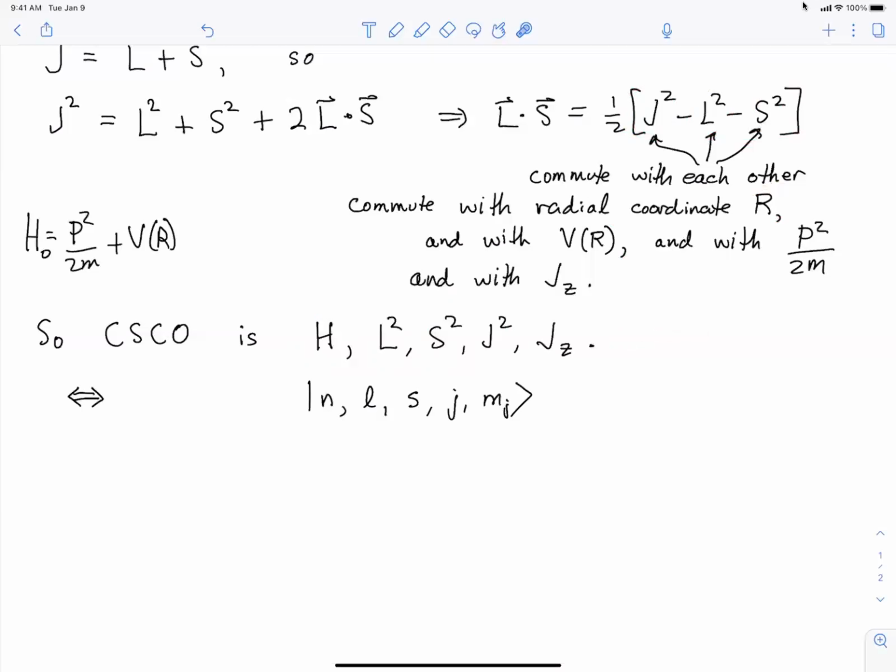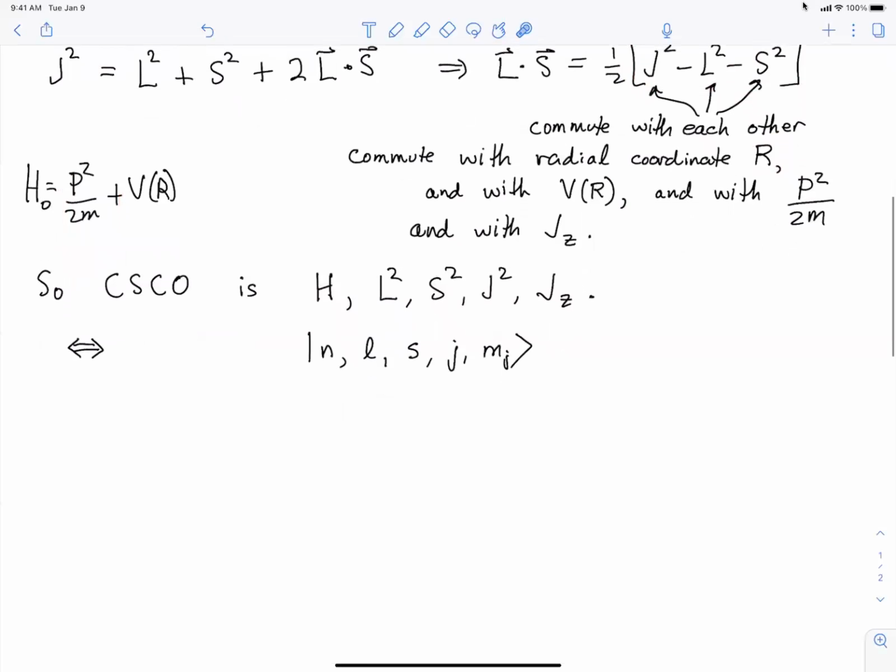So R doesn't commute with the Hamiltonian because it doesn't commute with P. It doesn't commute with P squared over 2M. Oh, but it commutes with the rest of those, right? Yes. Okay, thank you. That's why we can't add R to the complete set of commuting observables. Thank you.